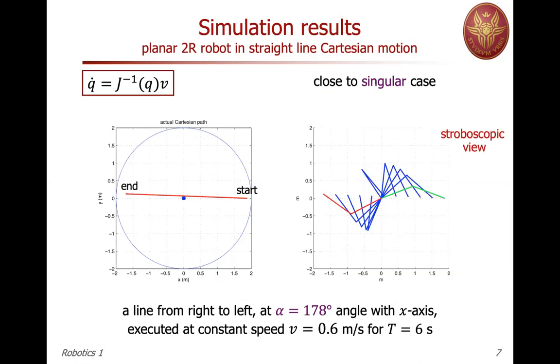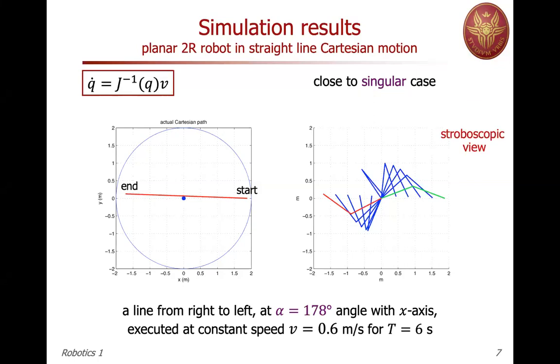Okay, but we will trace this numerically here. So let's move to a slightly modified problem. Same story, same start, but the end is a bit lower, so that the straight line gets closer to the singular point in the center of the workspace. So we are close to a singular situation.